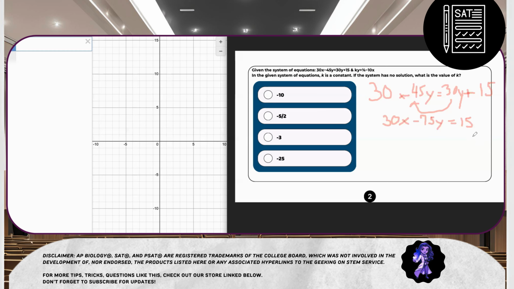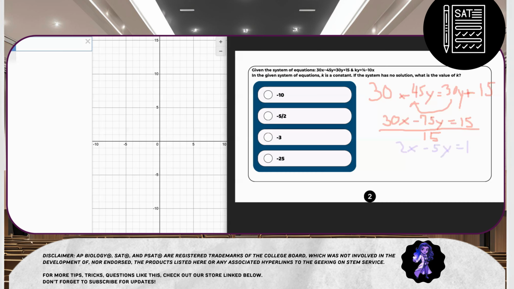I'm going to simplify this. What that entails is dividing everything by the largest factor possible, which is 15. When I do that and simplify further, I get 2x minus 5y equals 1.